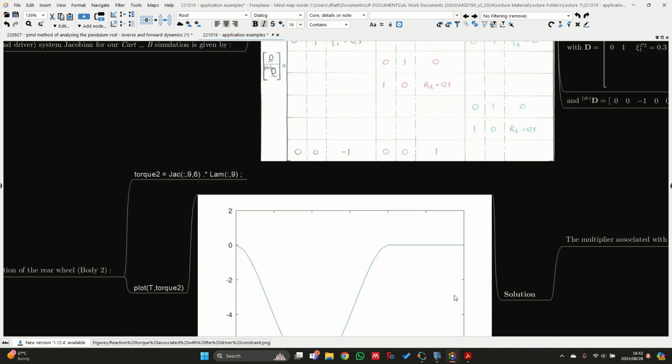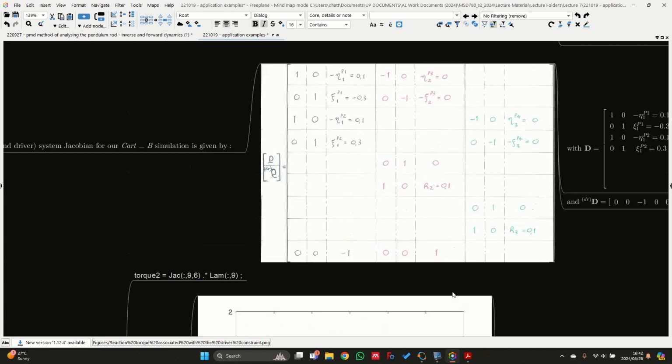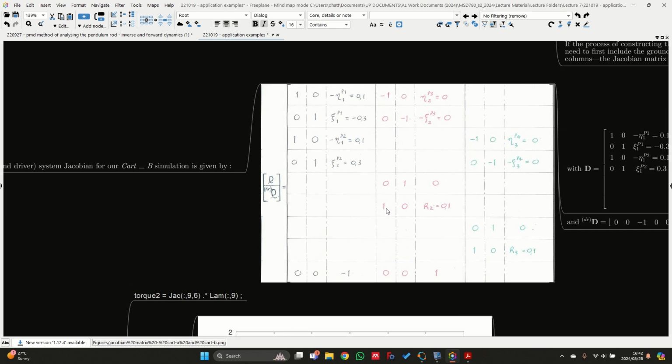and I consider, I believe it was, body 2 and body 3, then I want to consider the x direction. Something tells me that I'm going to have to multiply with Jacobian row 1, 2, 3, 4, 5, 6, and then it will be this component over here, so that will be 4. So Jacobian 6, 4.